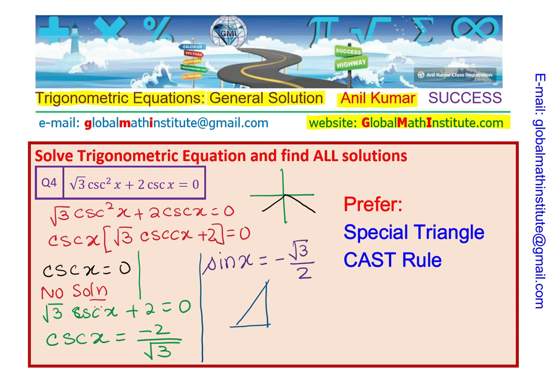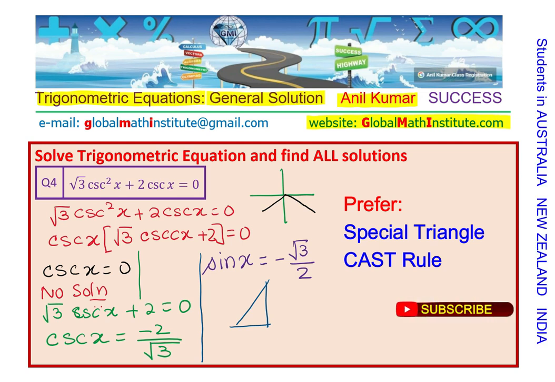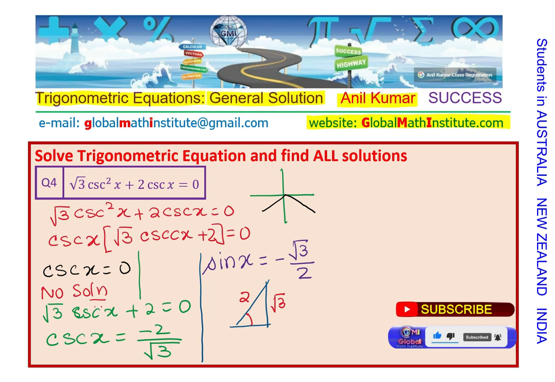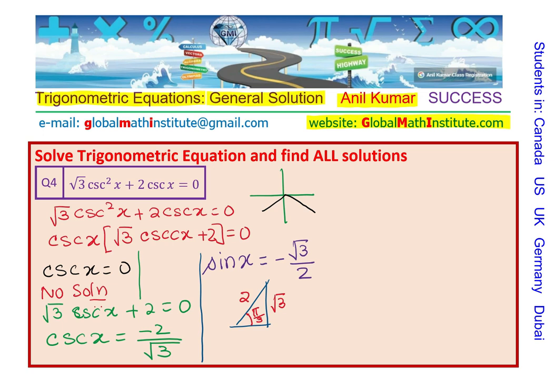So we're looking at square root 3 over 2 for an angle. So this angle, square root 3 over 2, reminds you of special triangle 30, 60, 90 or pi by 6, pi by 3, pi by 2, right? So if you're working in radians, then you can write this as pi by 3, right? So we know that the related acute angle is pi by 3.